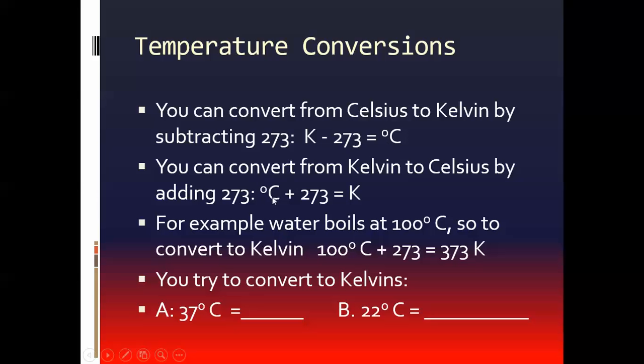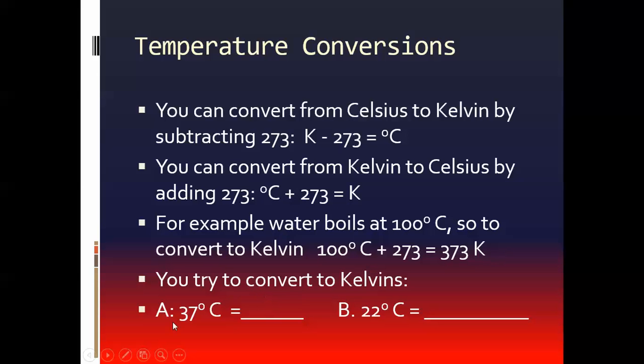If I have degrees Celsius and I add 273 degrees, then I can get my temperature in kelvins. I'm sorry that that's typed backwards. My mistake. So let's think about this. Water boils at 100 degrees Celsius. So if I plug in 100 degrees Celsius plus 273, I get my kelvins, 373.